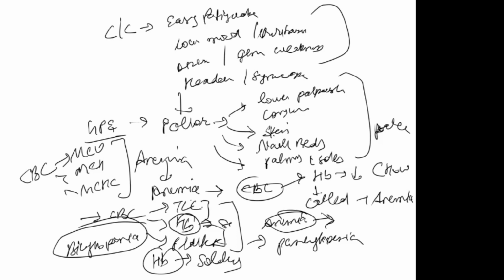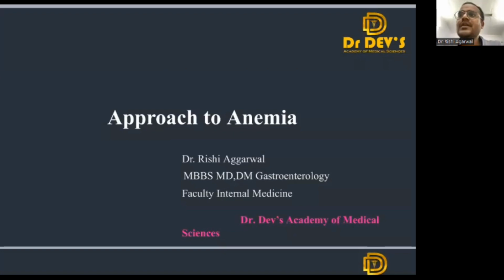Then we see the other indices of the red cell mass, that is MCV, MCH, and MCHC. So this is the basic workup in anemia. Now we will go further. So this is the approach to anemia.